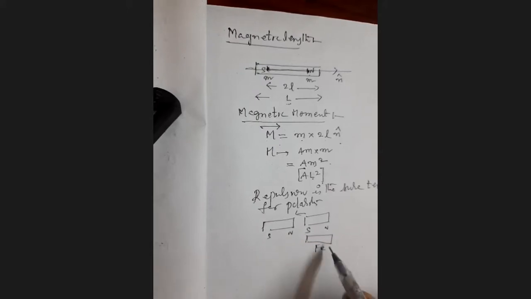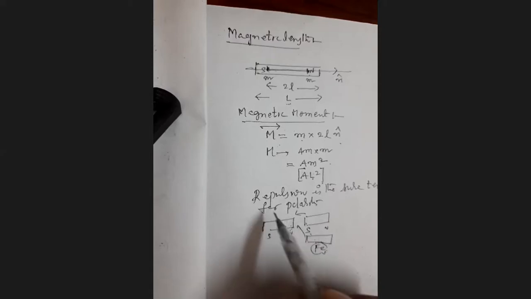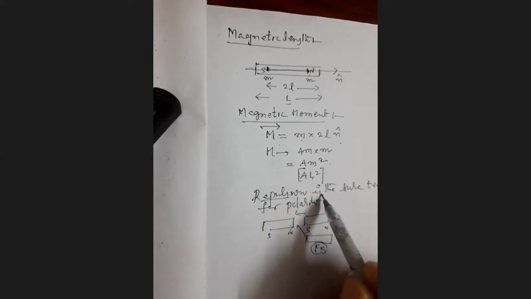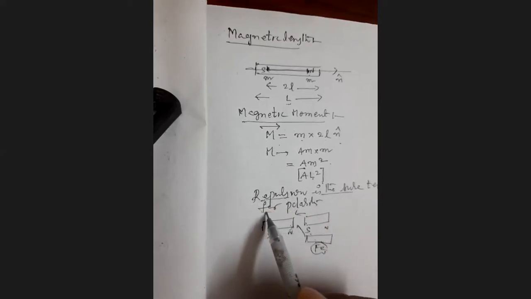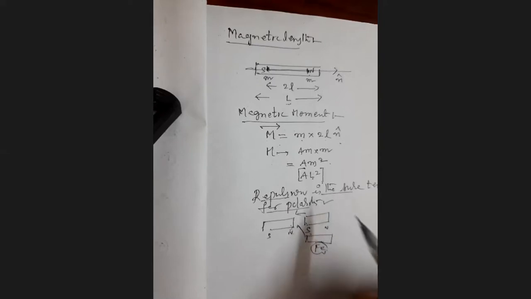Suppose when you bring iron material near to this magnetic pole, it can be attracted. So based on the attractive property, we can't say whether the material brought near the magnet is a magnet or not. But a magnetic pole repels only the like pole. So therefore, repulsion is the right test. It is a sure test for magnetism or polarity.